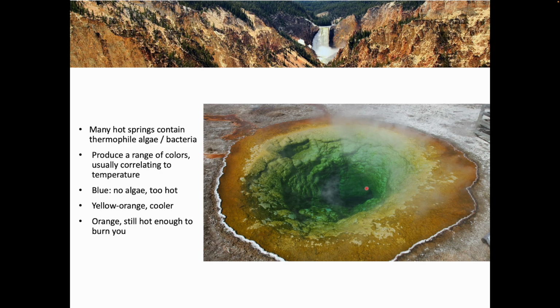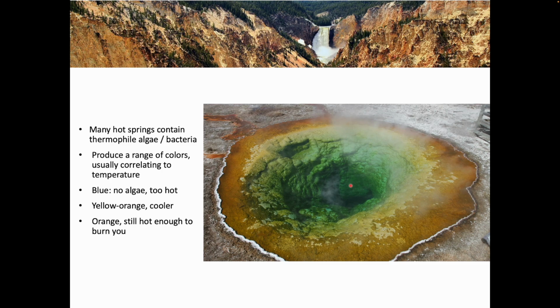Blue, or in this case dark green, is generally not containing algae because it is too hot. Yellow-orange, it is still very, very hot, but it's a little bit cooler, so that's where you get some of your algae and bacteria starting to form. But the orange is where the thickest layers of algae and bacteria are, so that is the coolest temperatures, but they are still hot enough to scald you.